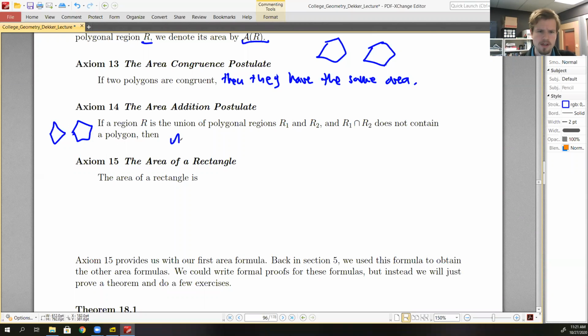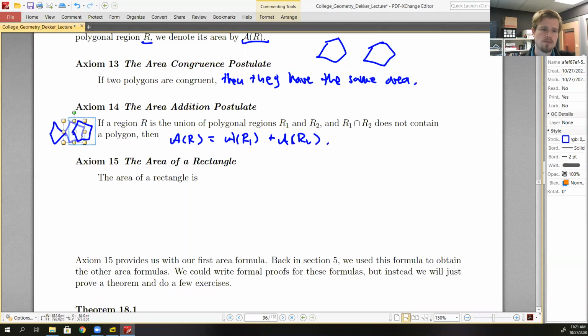So the area of R is equal to the area of region 1 plus the area of region 2. Of course, if there was overlap, we would have an issue there. So, no overlap.